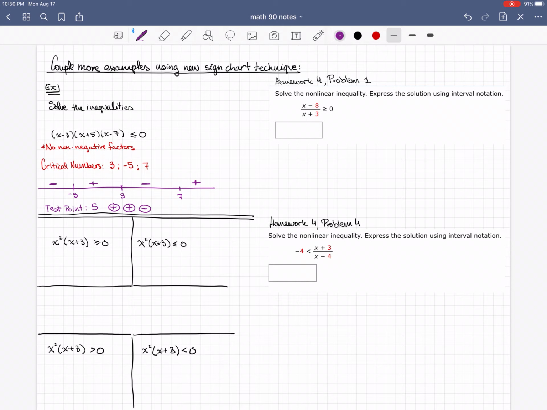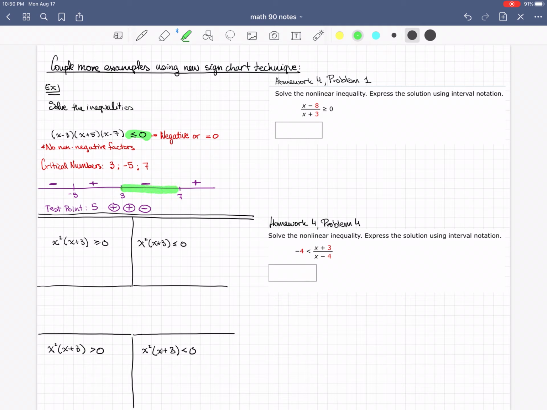Okay? So now let's go back to the inequality. We want to be less than or equal to 0, so that means negative or equal to 0. Let's look at what parts of our sign chart we see a minus.